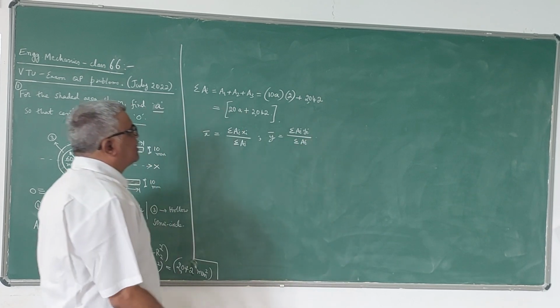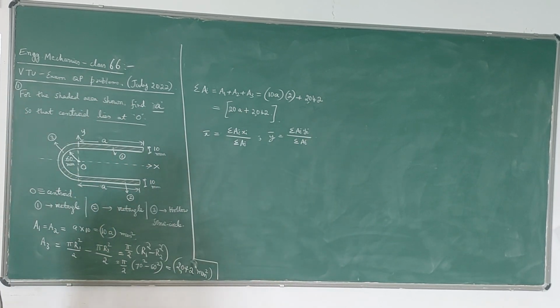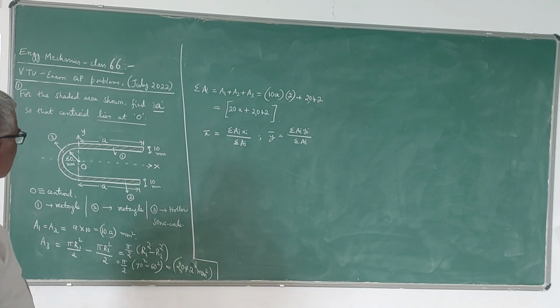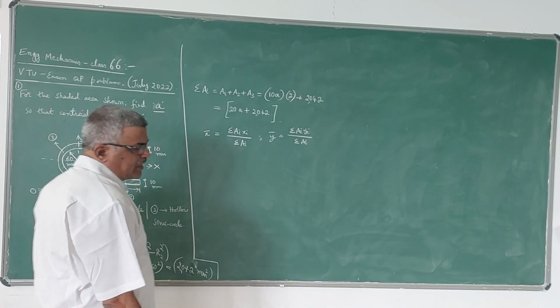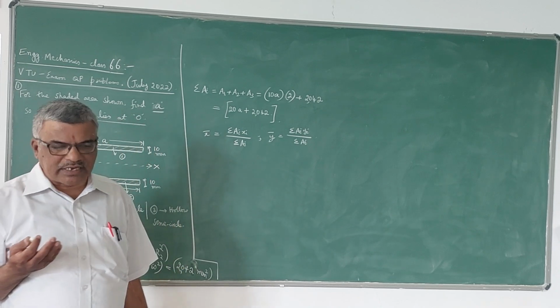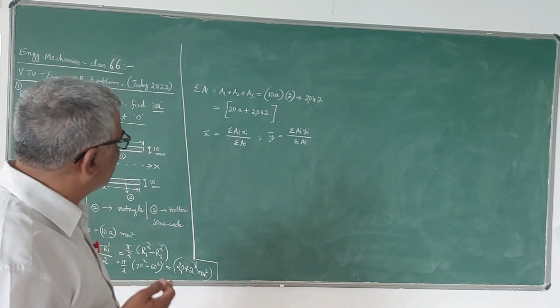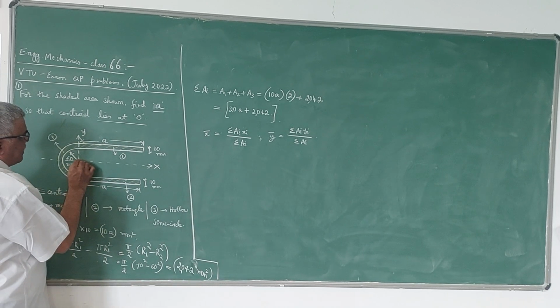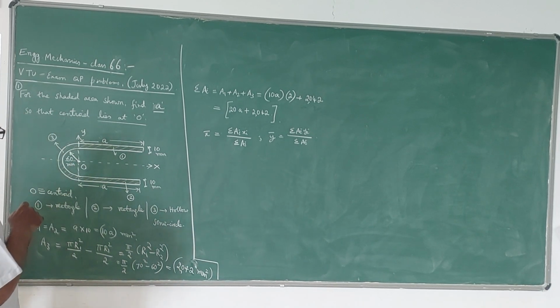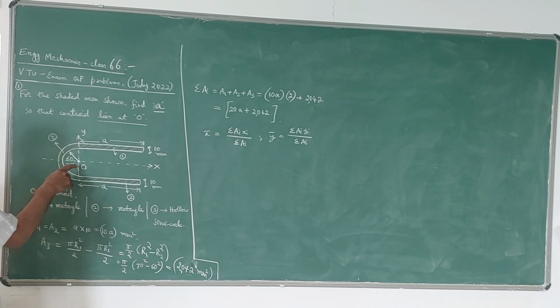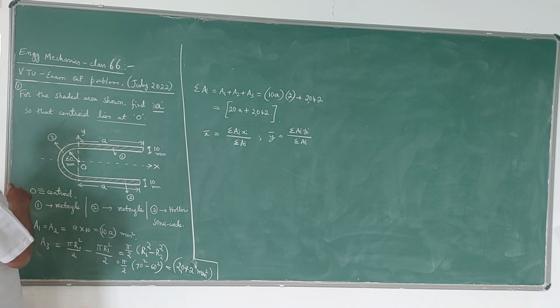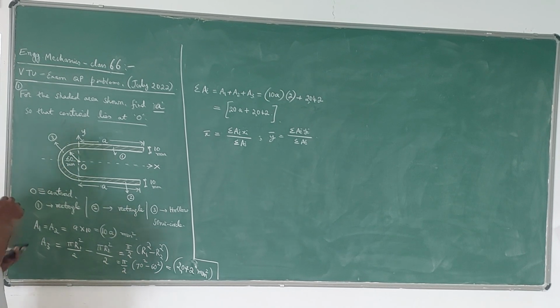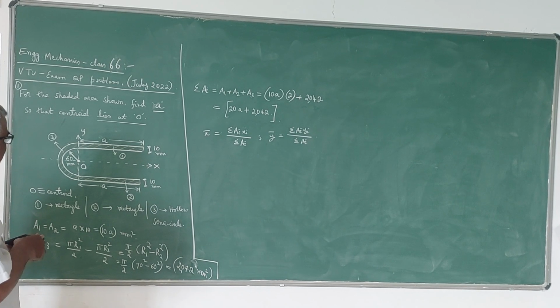This is the formula to locate the centroid of a composite section, where x bar and y bar are the horizontal and vertical distances of the centroid from the origin. Here in this problem, he has given that the centroid is located here. So this O itself is the origin here.